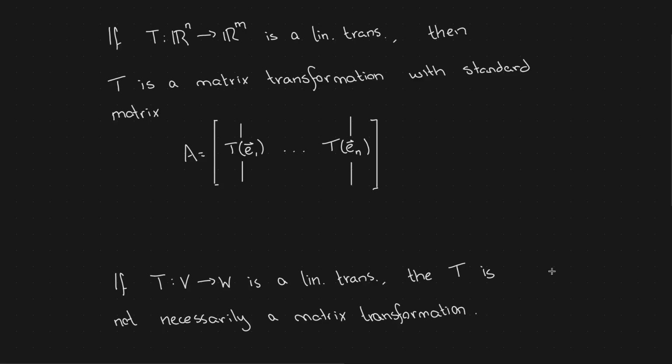However, we just learned about isomorphisms, and we just learned that any finite dimensional vector space of dimension n is going to be isomorphic to Rn. And so we could use that to find a matrix transformation that's going to tell us the same information as any linear transformation from one vector space to another vector space.